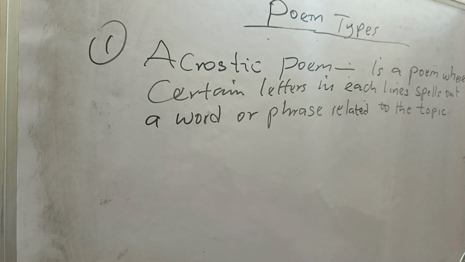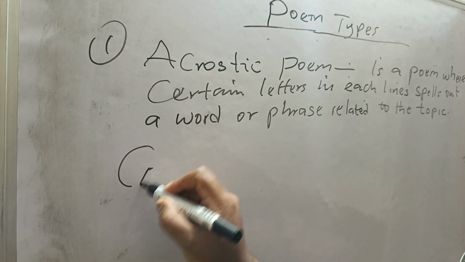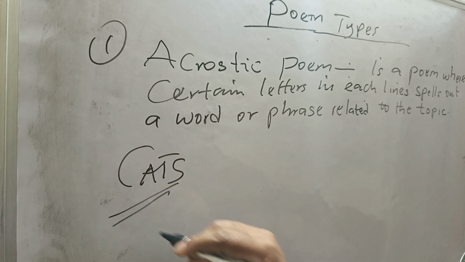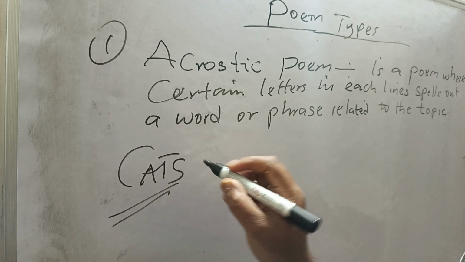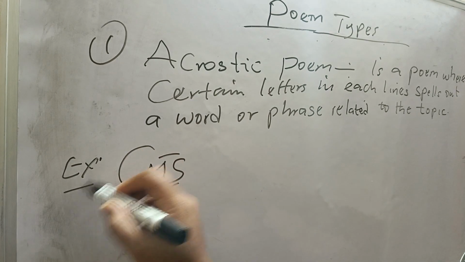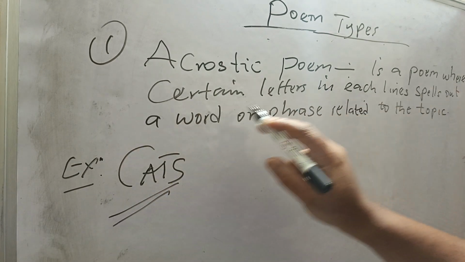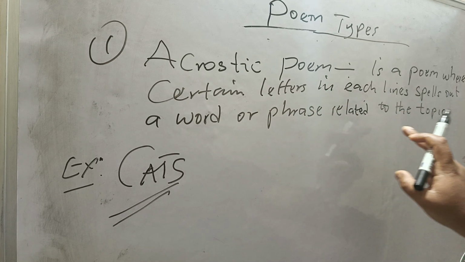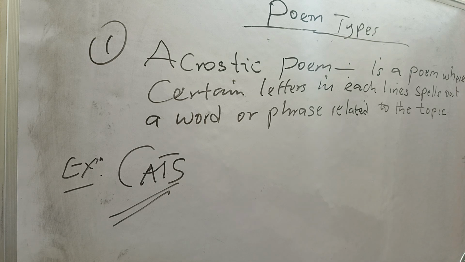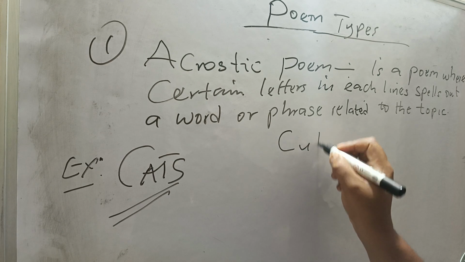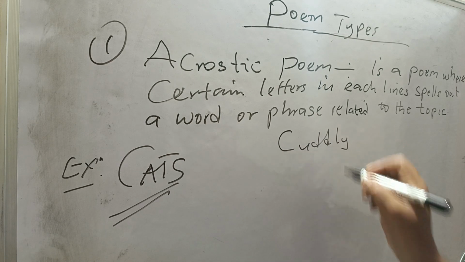So let's say the topic is cat. The title of the poem is cat. According to the definition, each letter in the line will spell out a word related to the topic. So if it's a cat, I can say C, cuddly.